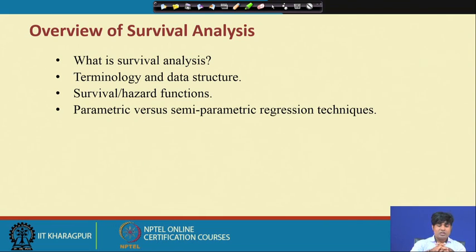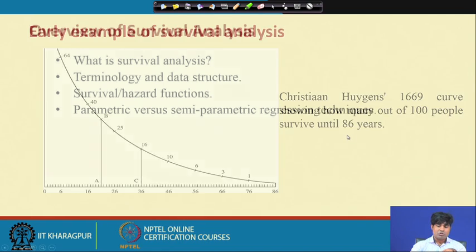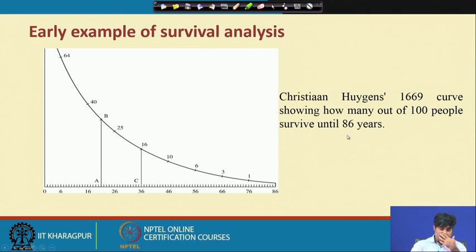Then we bring in the concept of survival functions, which we call hazard functions, and then we will touch upon parametric versus semi-parametric regression techniques, also under count data modeling. Theoretically you understand the concept of survival.